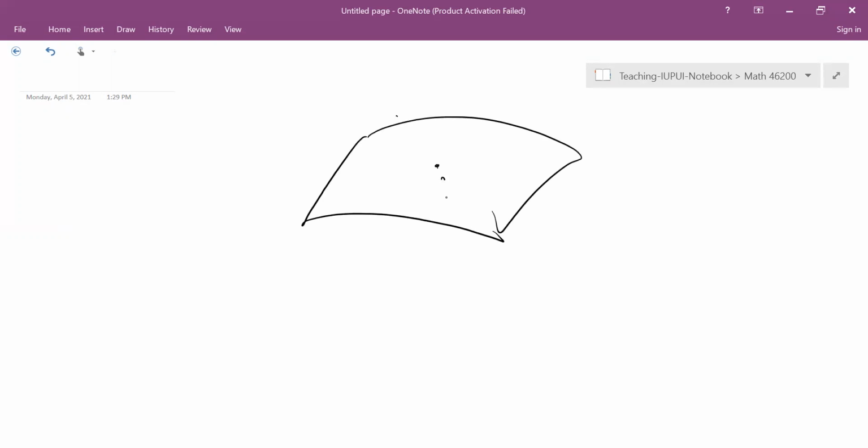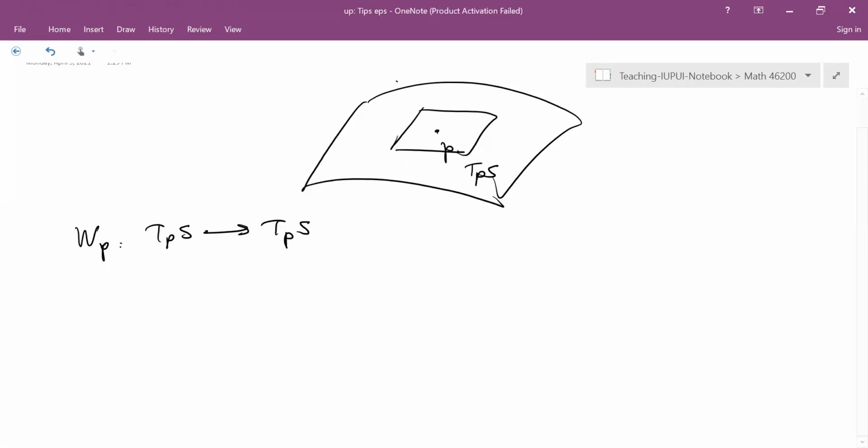At every point there is a tangent plane, which is a two-dimensional vector plane, and so we have the so-called Weingarten map, which is a linear map from tangent plane to tangent plane. And on the tangent plane, we do have an inner product, right?